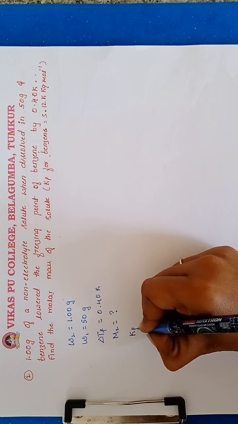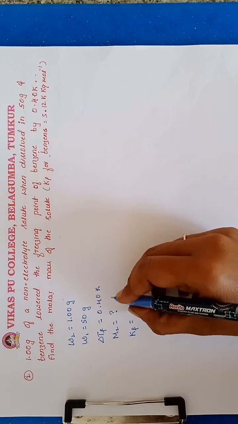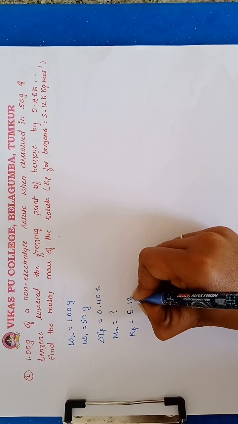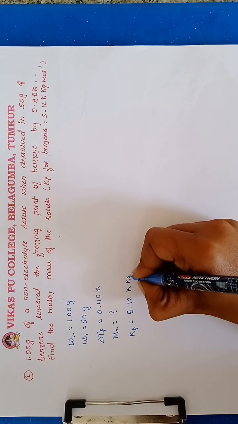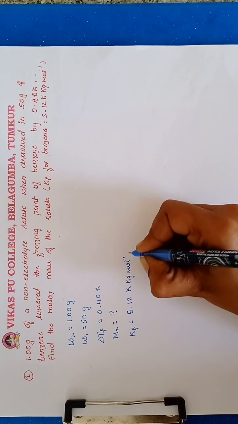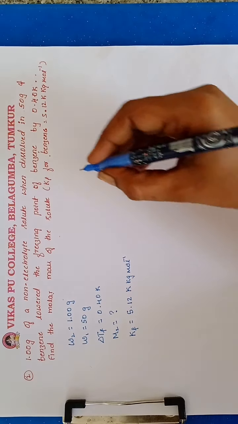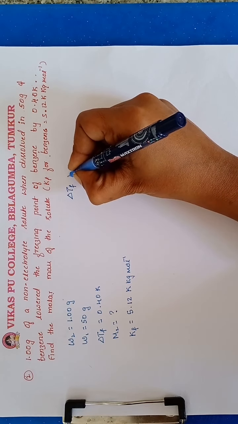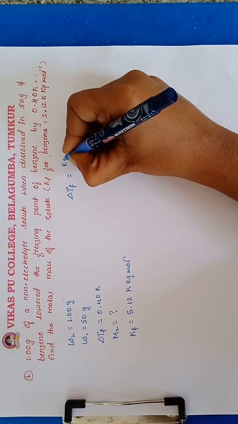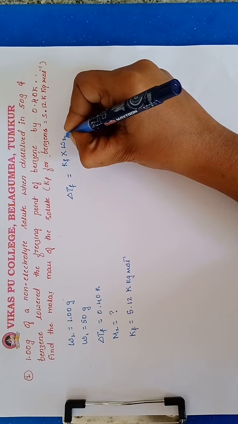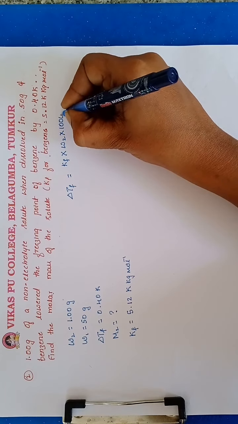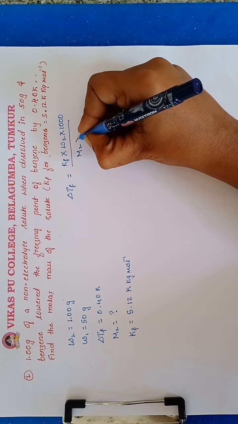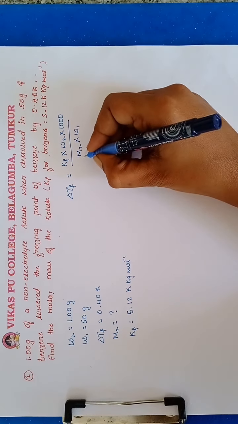They are given the KF, that is the cryoscopic constant, 5.12 Kelvin kg per mole. Then we know the formula, that is delta TF is equal to KF into WO2 into 1000 divided by M2 into WO1. We need to calculate the M2.